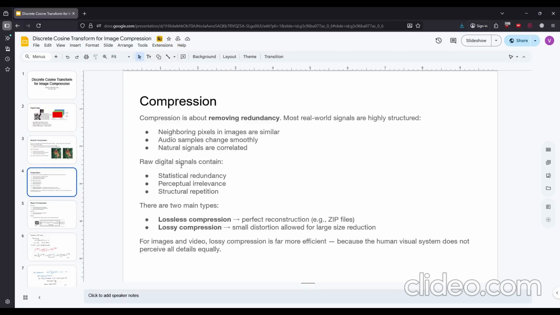By selectively removing or approximating this less perceptible information, we can significantly reduce the amount of data required to represent an image while keeping the visual appearance almost unchanged. Compression algorithms exploit these properties.